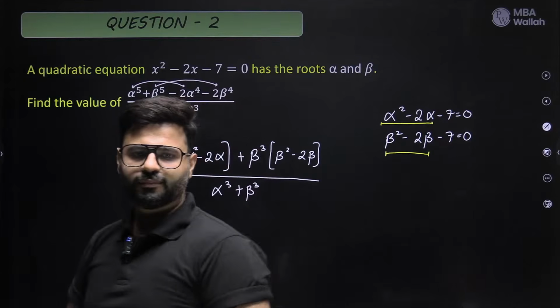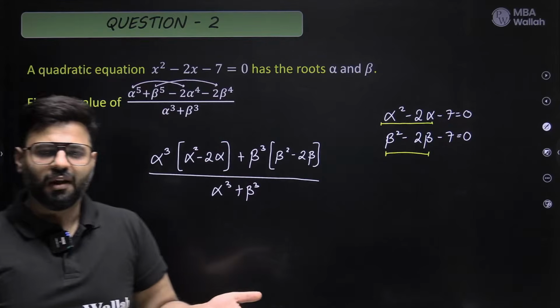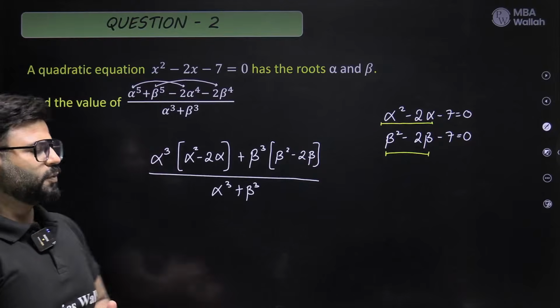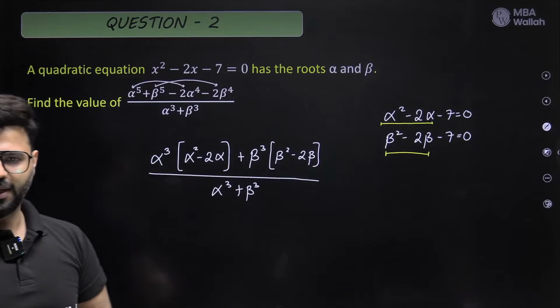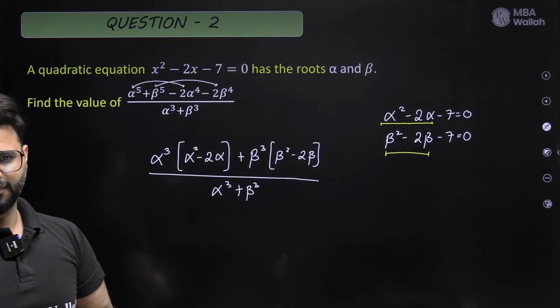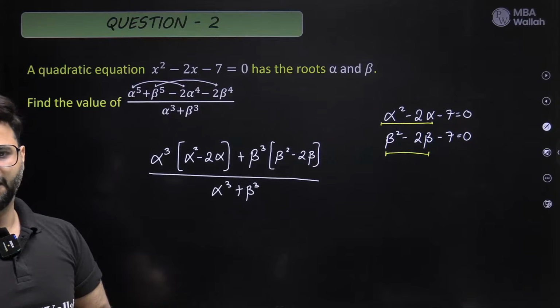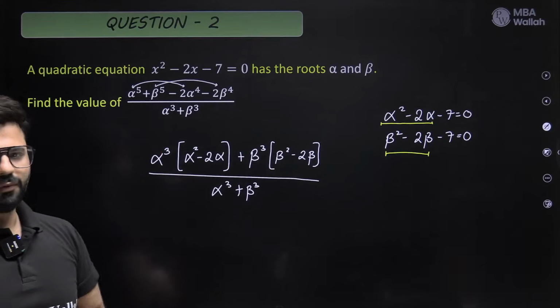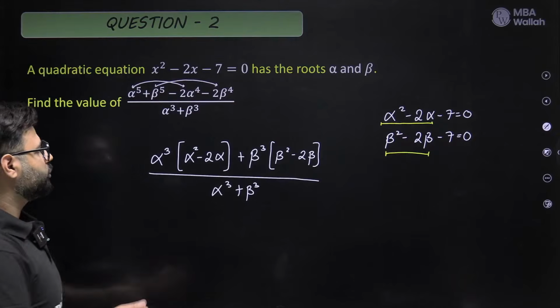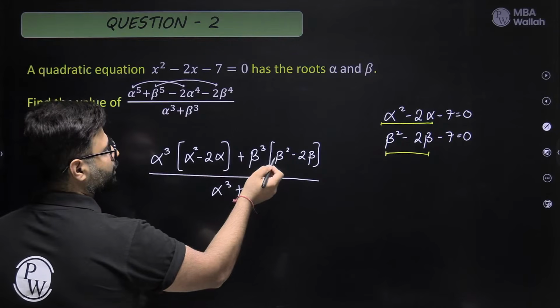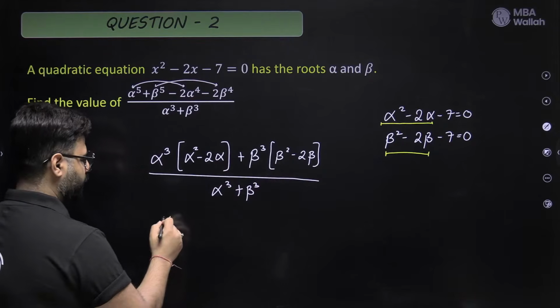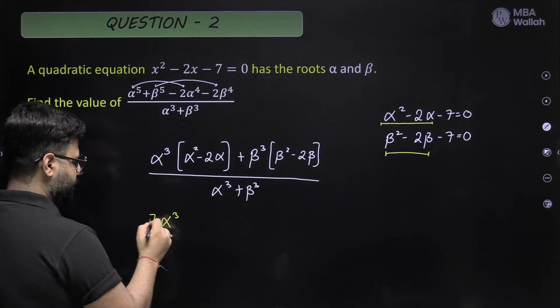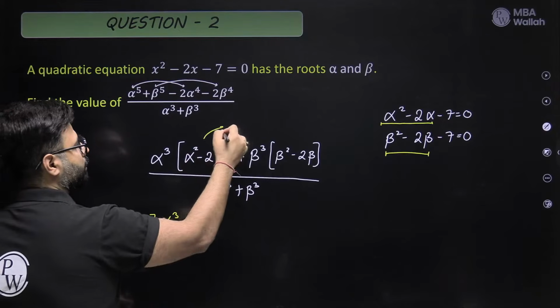Interesting. What did I do? Nothing. No alpha plus beta, no alpha beta. Yes or no? Interesting. Palak, Pranav, did you get it? Crazy, right? We never thought that this question would be done in just 2 lines. Now this is 7 and this is 7, right? 7 alpha cube, because this guy is 7.